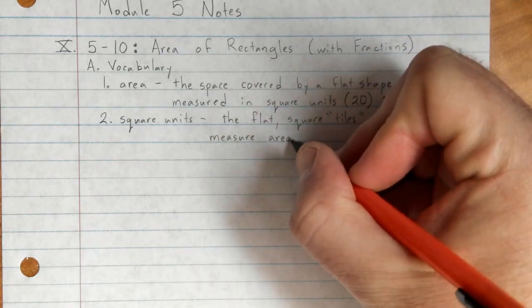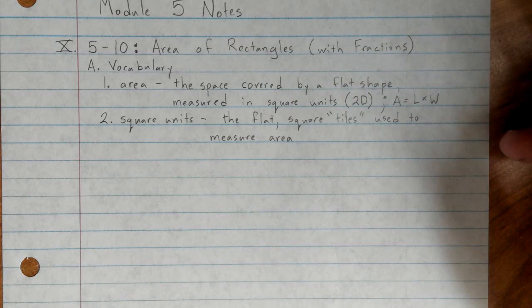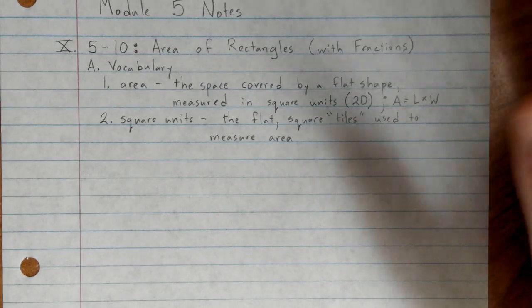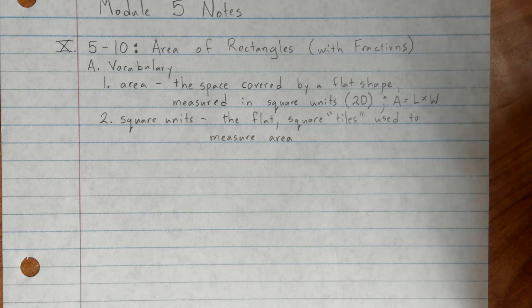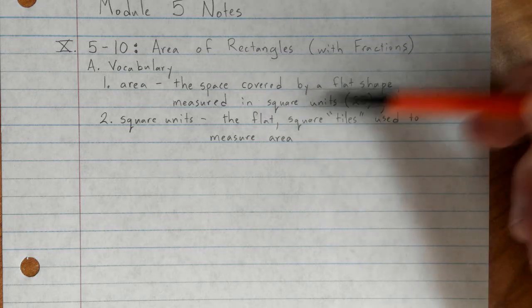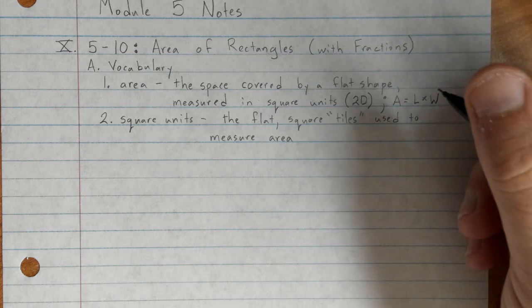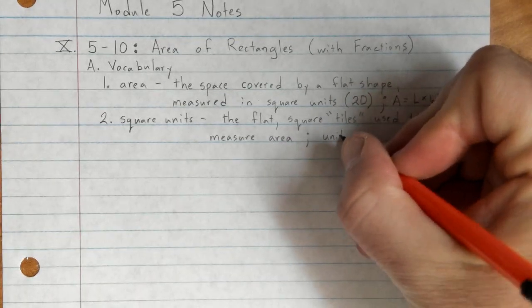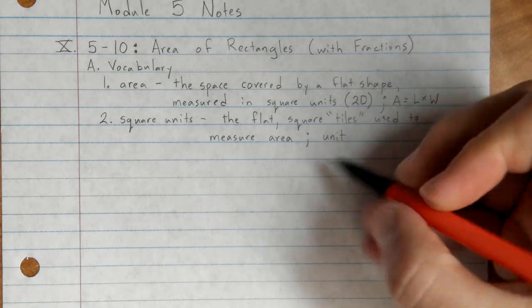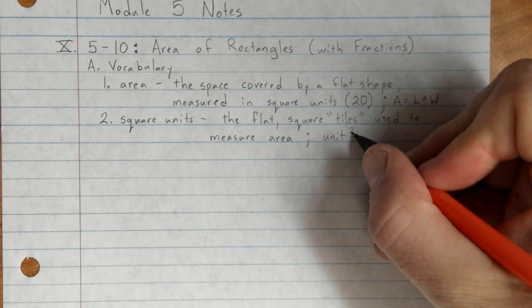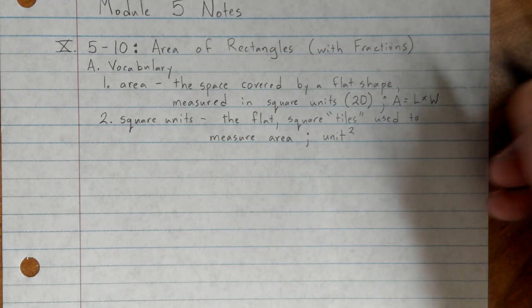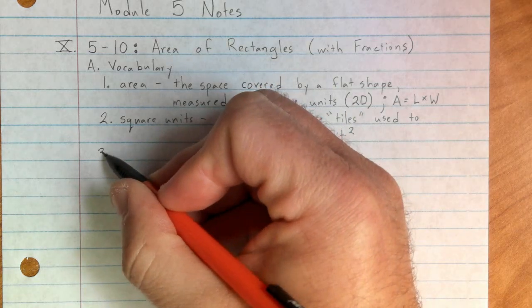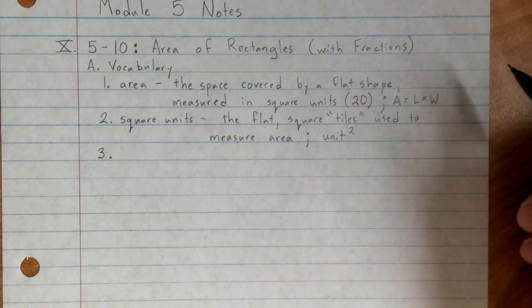Now, are they always tiles? No. Are they always squares? Yes. Or, as you get older, parts of squares. Okay? So the flat square tiles used to measure area, and we write these as whatever the unit is. So if it's centimeters, inches, feet, the unit squared, square units.